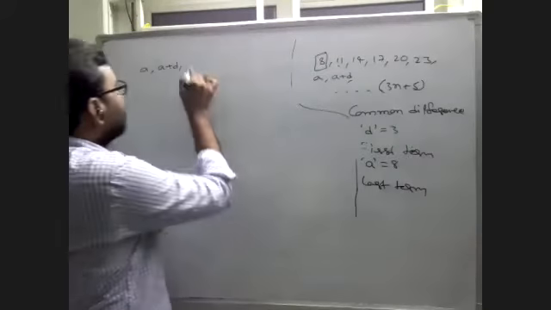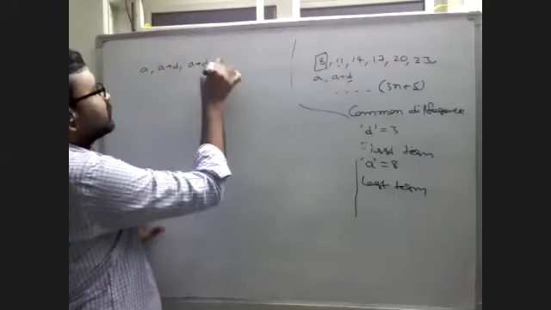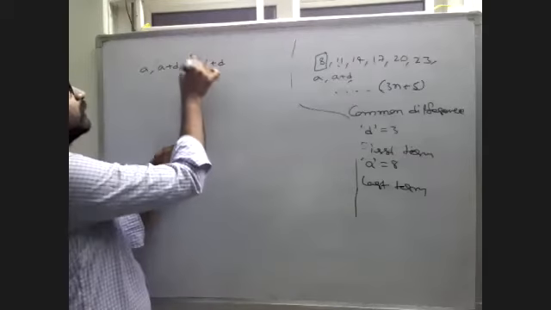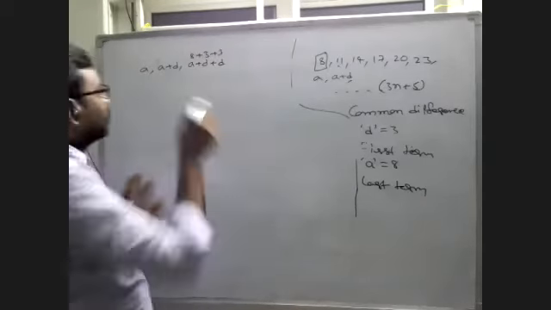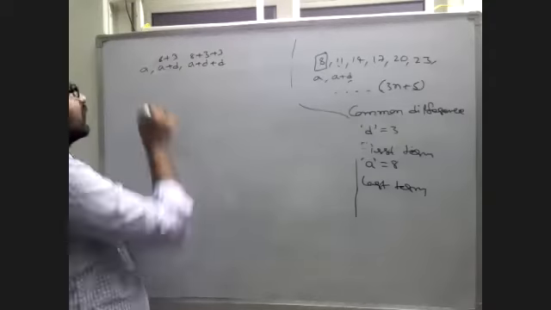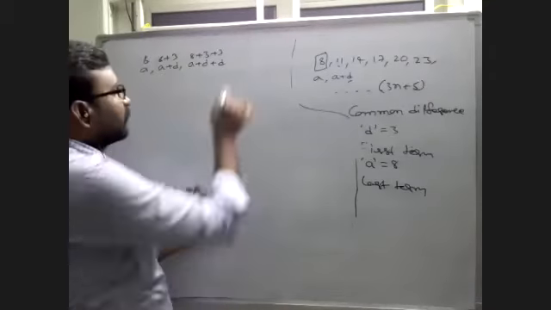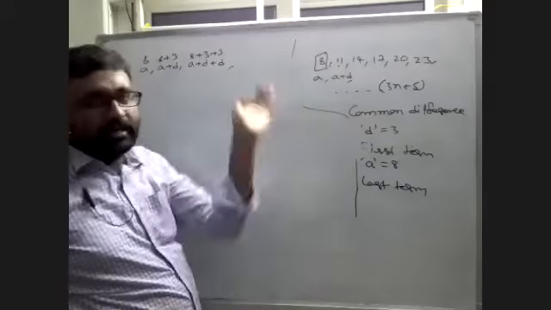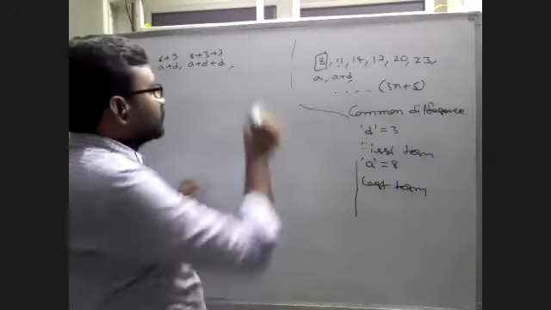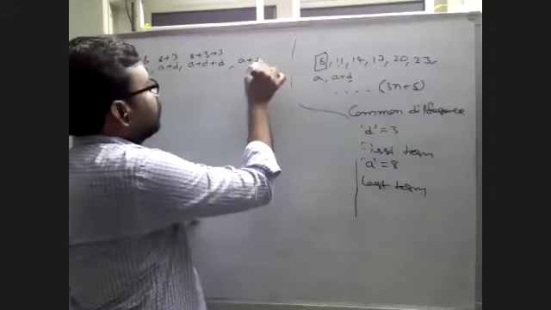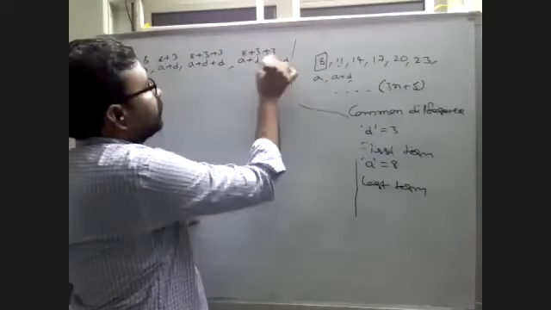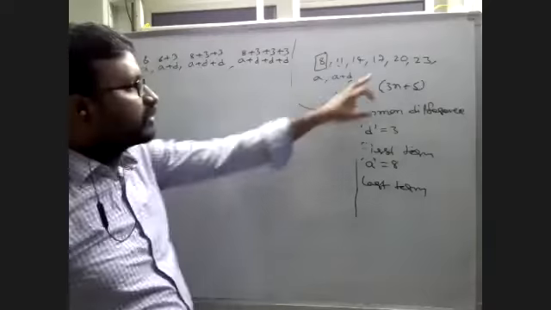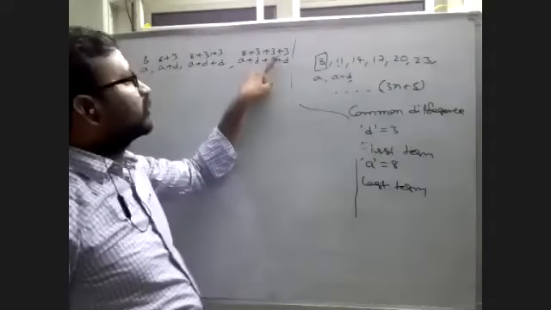That is A plus D plus D, 8 plus 3 plus 3, which is 14. Next, one more D we are adding, because that is the common difference. A plus D plus D plus D, 8 plus 3 plus 3 plus 3 is 17. 8, 11, 14, 17.